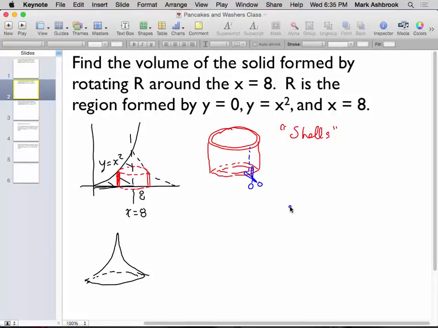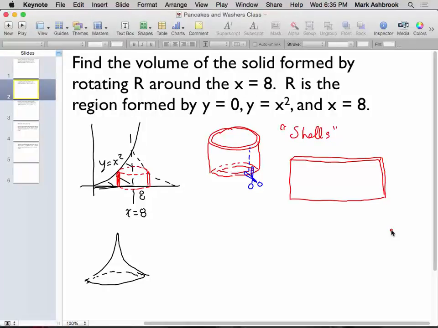Okay, so we're going to cut that shell and unfurl it, and what do you get? A rectangular solid. You just basically get something like this. And that volume is easy.